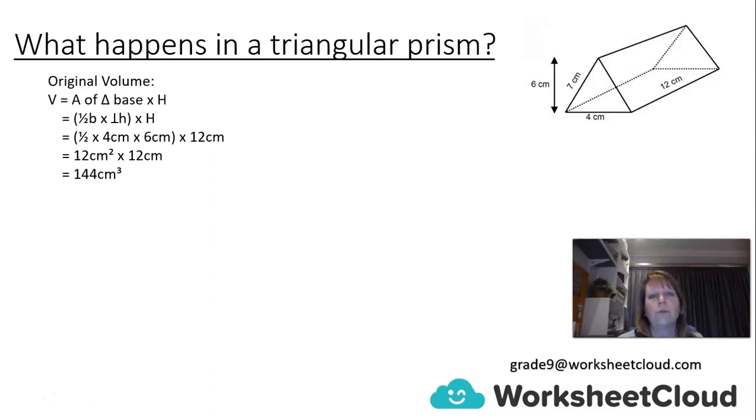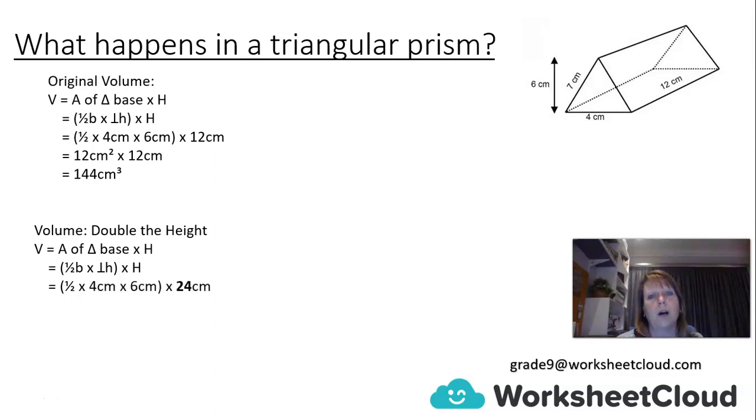It's 144 centimeters cubed. So now we are going to double the height, and it's a capital H, so it's not our perpendicular height here, it's this height here. If we double that, it's going to give us 24 centimeters. So again, the area of the triangular base, half base times perpendicular height, times the height which we are doubling.